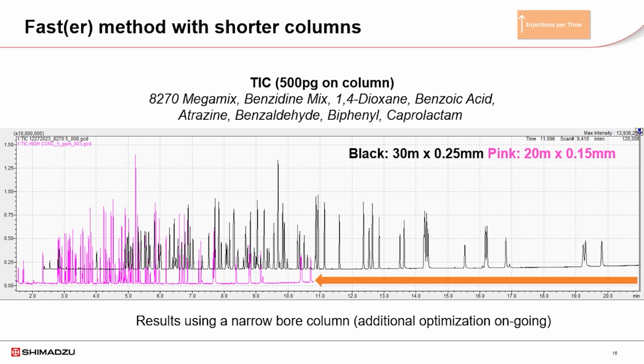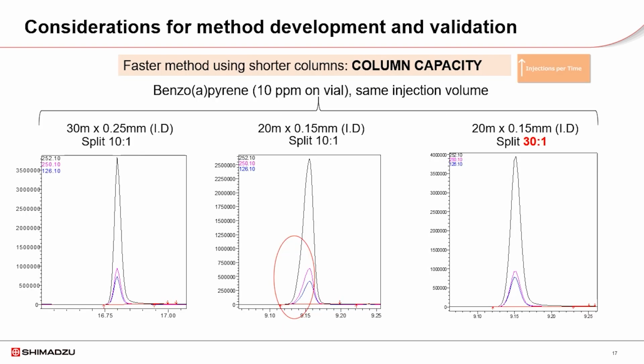However, what should we take care of in method development using such a faster method, in addition to the GC oven ramp ratio? The first point is column capacity. When we use the same injection volume and same split ratio, for a narrow bore column the capacity is a big difference. The left chromatogram is the 30-meter result of benzo(a)pyrene, and it is so good.